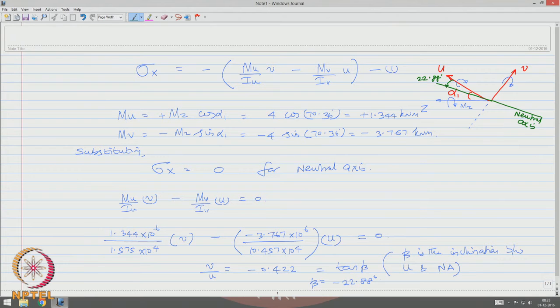Having located the neutral axis, let us now get the section back and mark all these axes to find the stresses. So, this is the given section.